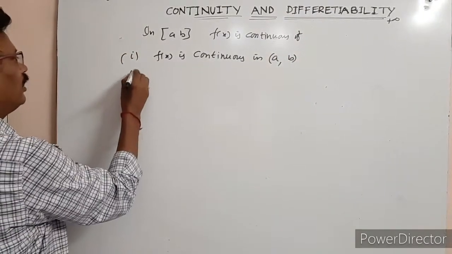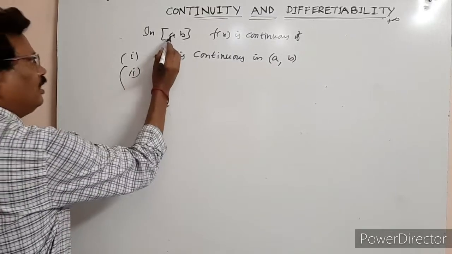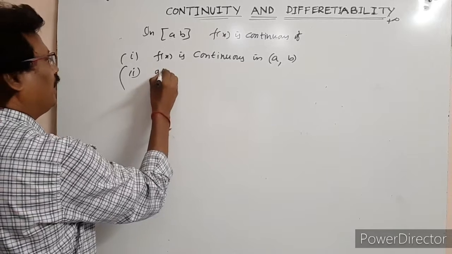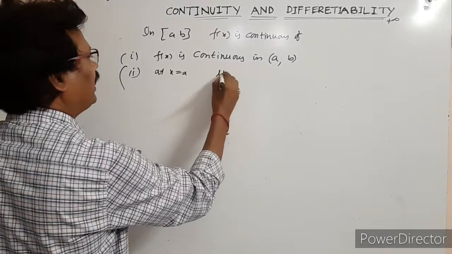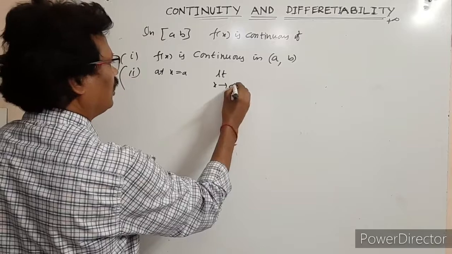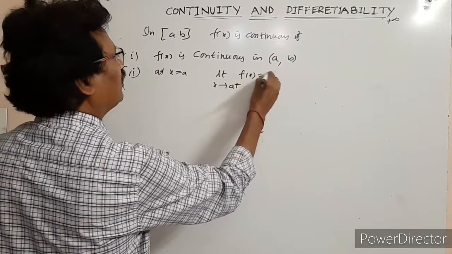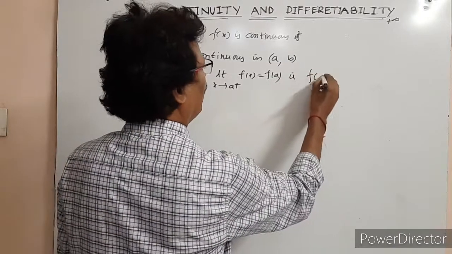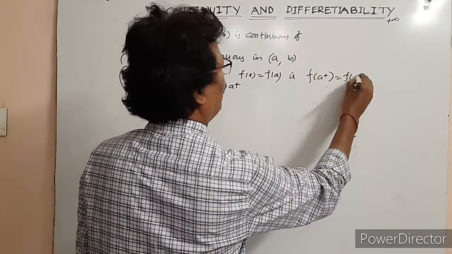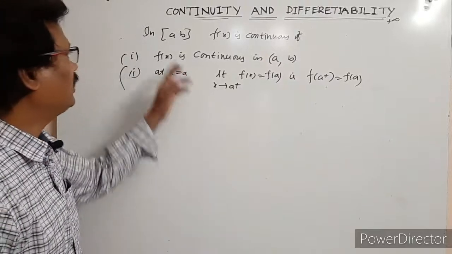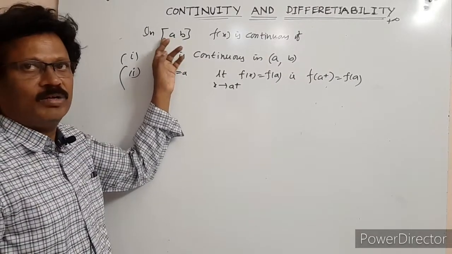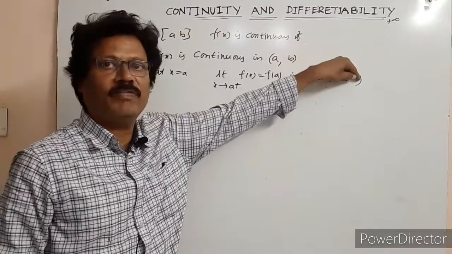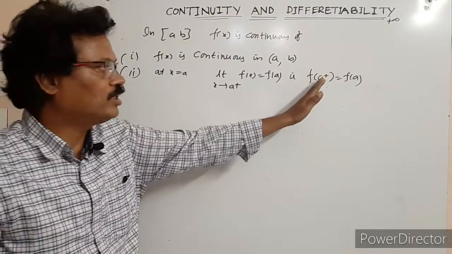And second, at x equal to a, the limit x tending to a plus of f(x) must be equal to f of a. That is, f of a plus is equal to f of a. Only at x equal to a, on the left side, our right limit equal to f of a is enough. We don't discuss the left limit.